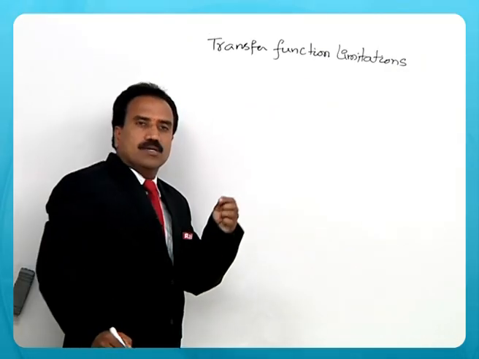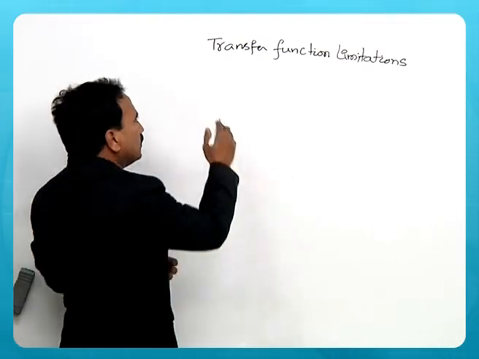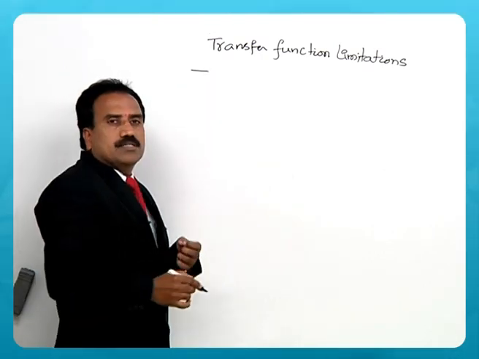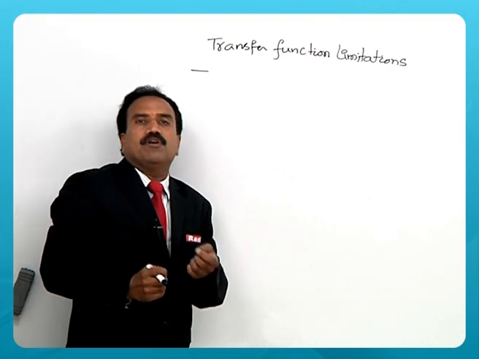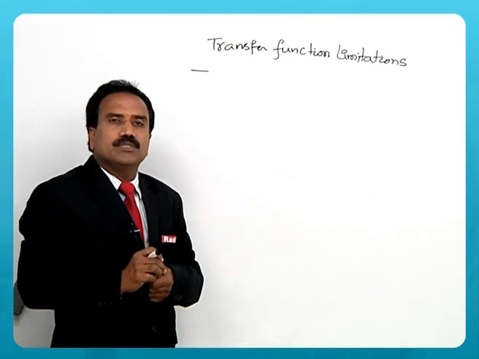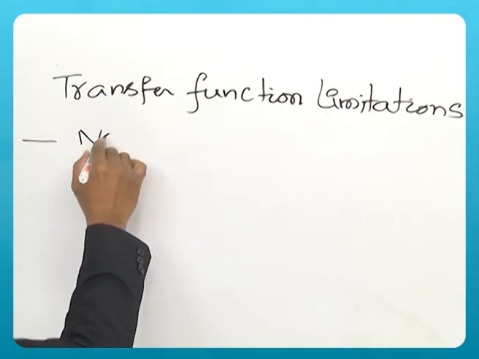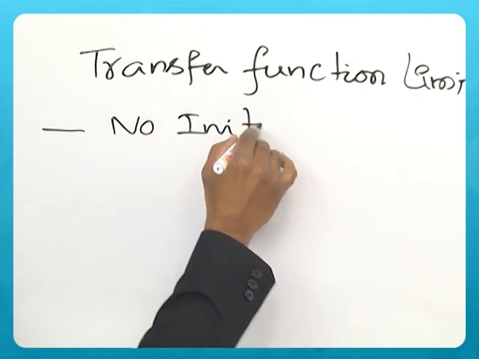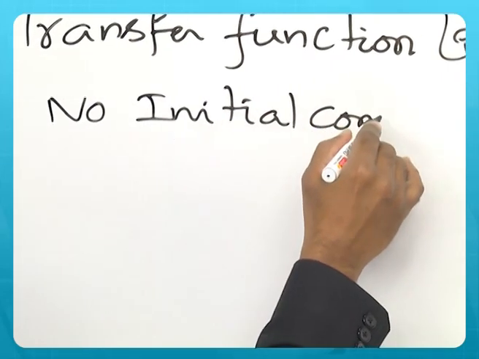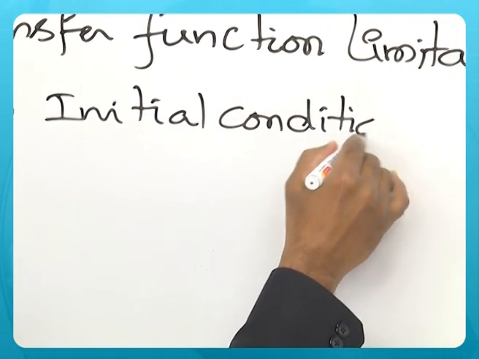Transfer function has got some limitations. That is, it is the ratio of Laplace transform of output to the Laplace transform of input, but initial conditions are ignored. So, no initial conditions are taken into consideration.